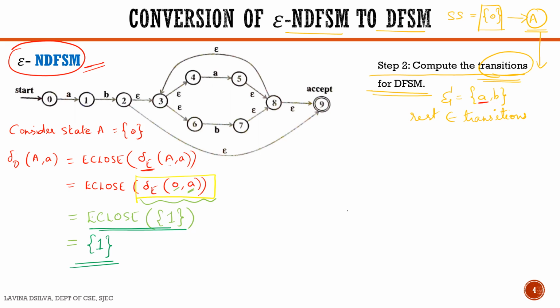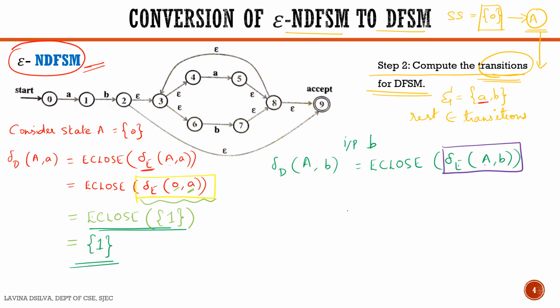Now we consider input B. Therefore, we have delta D of state A on receiving input B. That turns out as E close of delta E on state A receiving an input B. Now we know that state A is not there in the ε-NFSM.